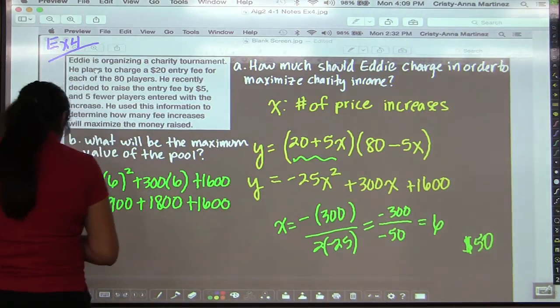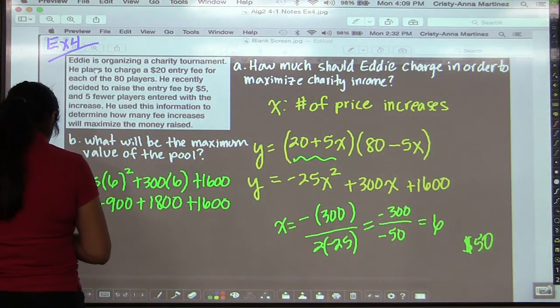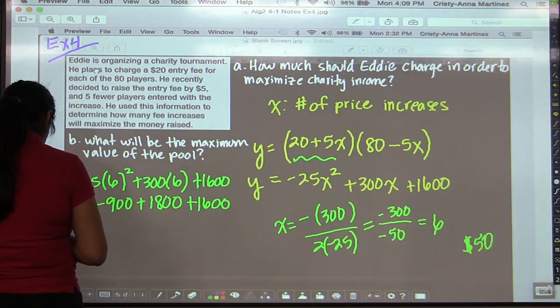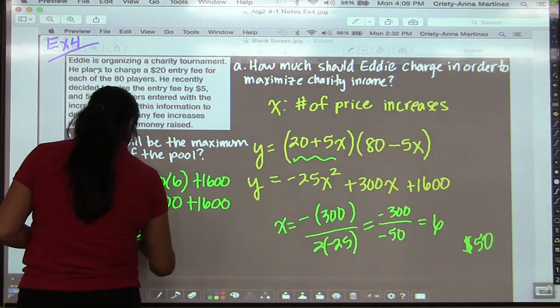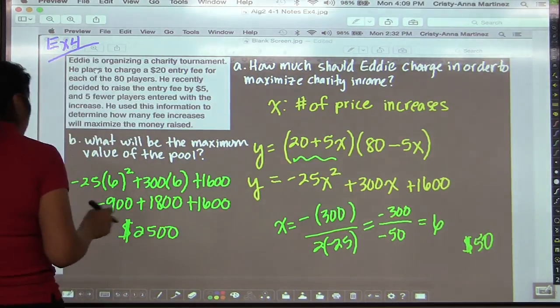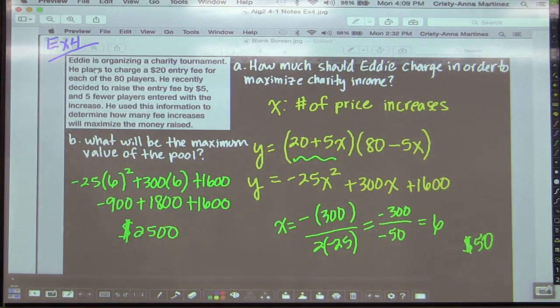Negative 900 plus 1800 gives us 900, and then that plus 1600 gives us 2500. So the actual pool of money is going to be $2,500, and that's basically how you do that.